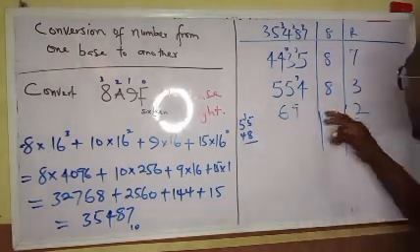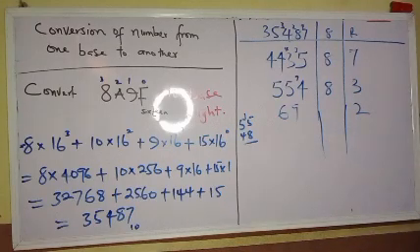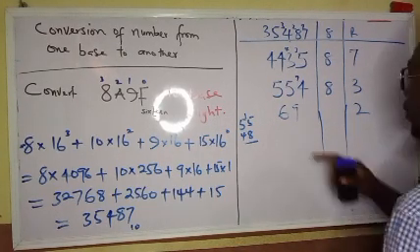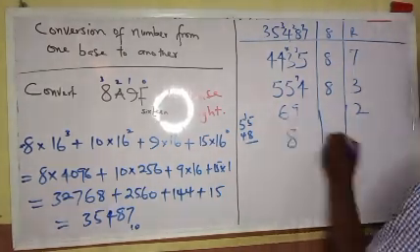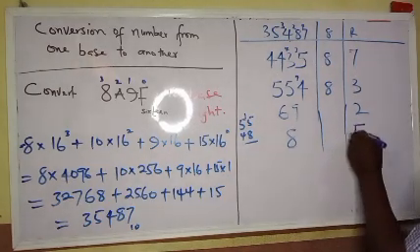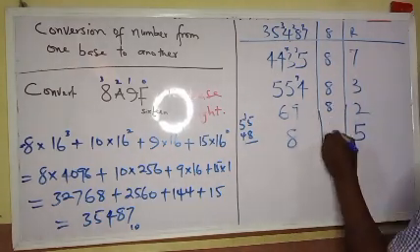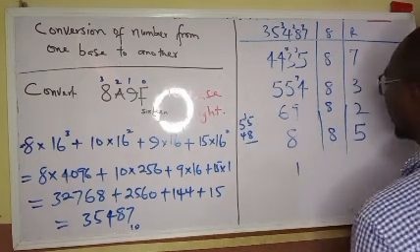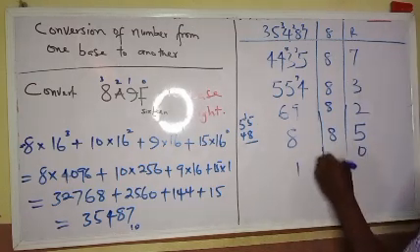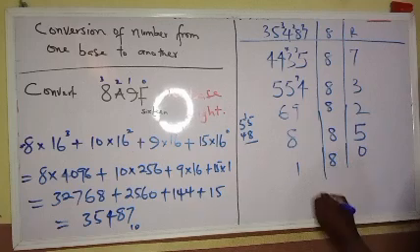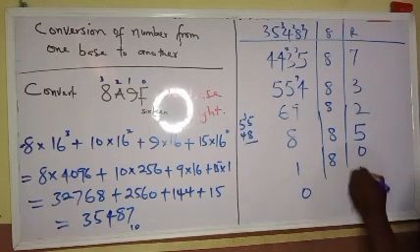How many times do we have 8 in 64? That is 8 times, then remainder 5. How many times do we have 8 in 8? That is 1 time, remainder 0. How many times do we have 8 in 1? That is 0, remainder 1.